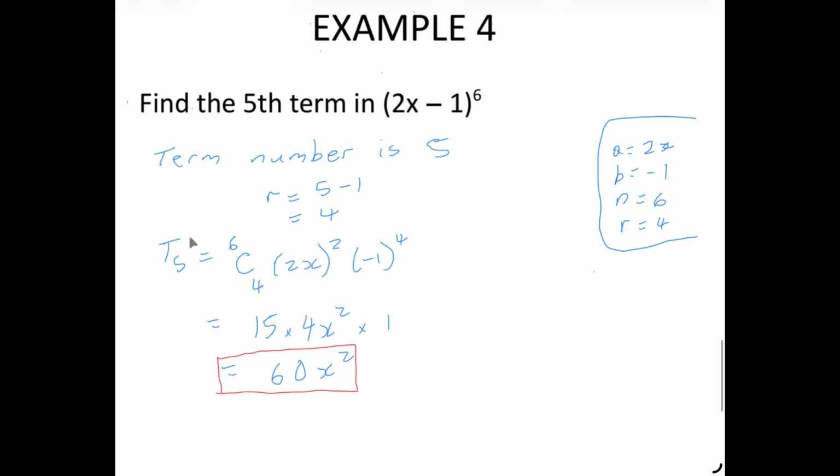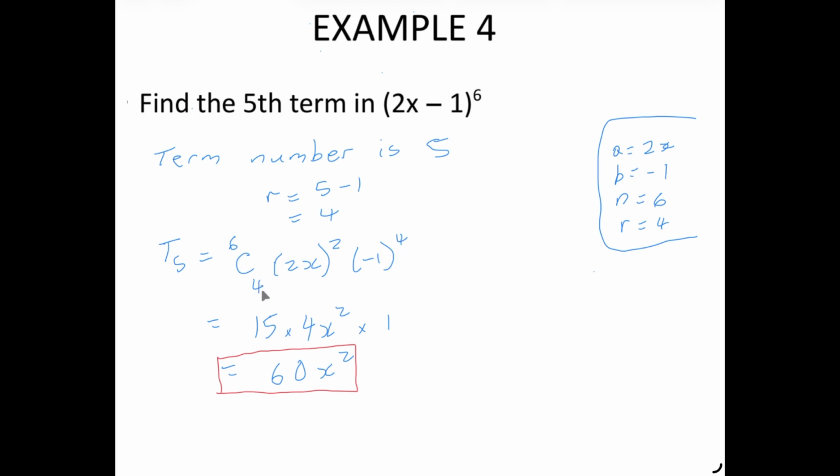So then, putting that into the t formula, t sub 5 is going to be equal to 6C4 times (2x) raised to the second, and (negative 1) to the fourth. Again, notice the index, the subscript at the C is the same as the last number here raised to that power.